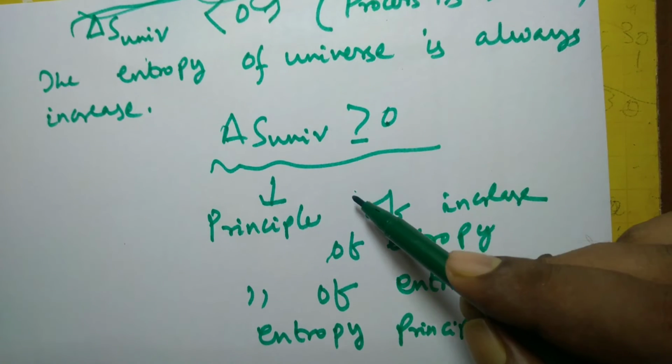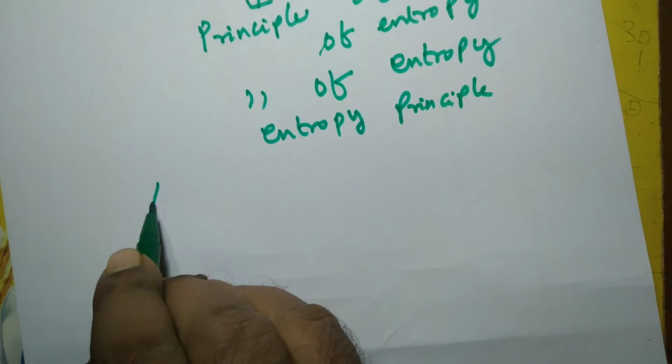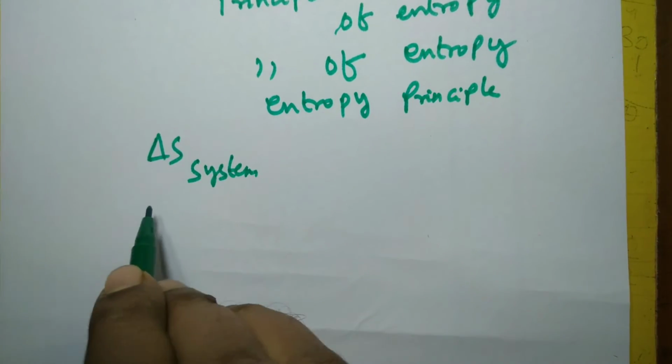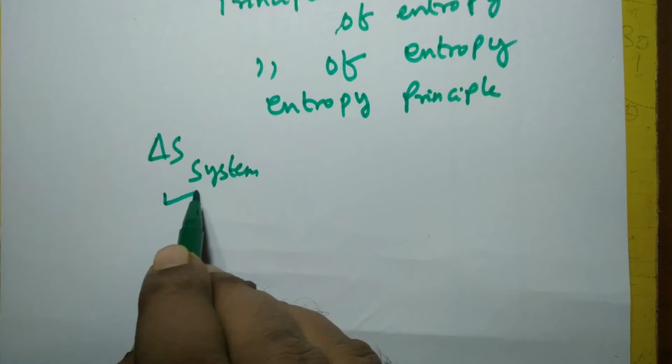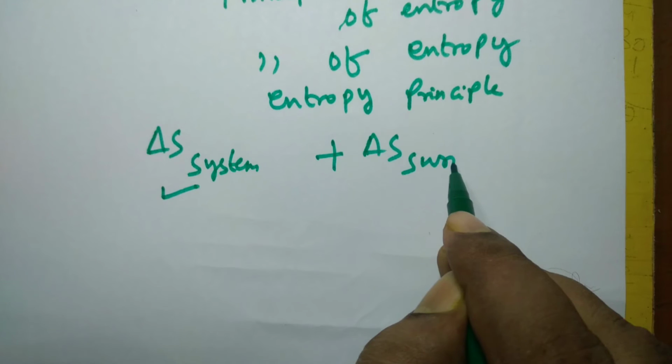How can we calculate delta S universe? We first calculate delta S of the system. Whenever a process occurs, there must be a system and surrounding. So we calculate the change in entropy of the system and then the change in entropy of the surrounding, and add both of them.